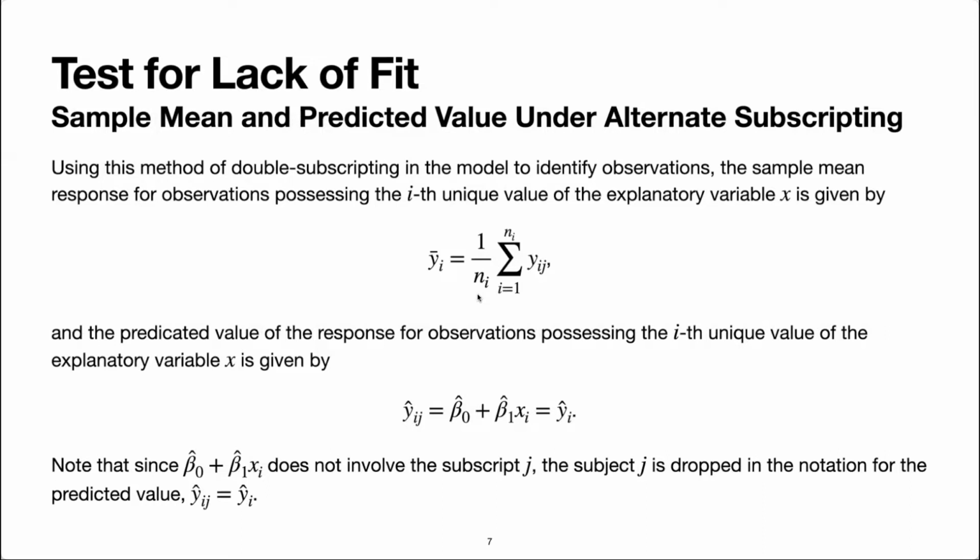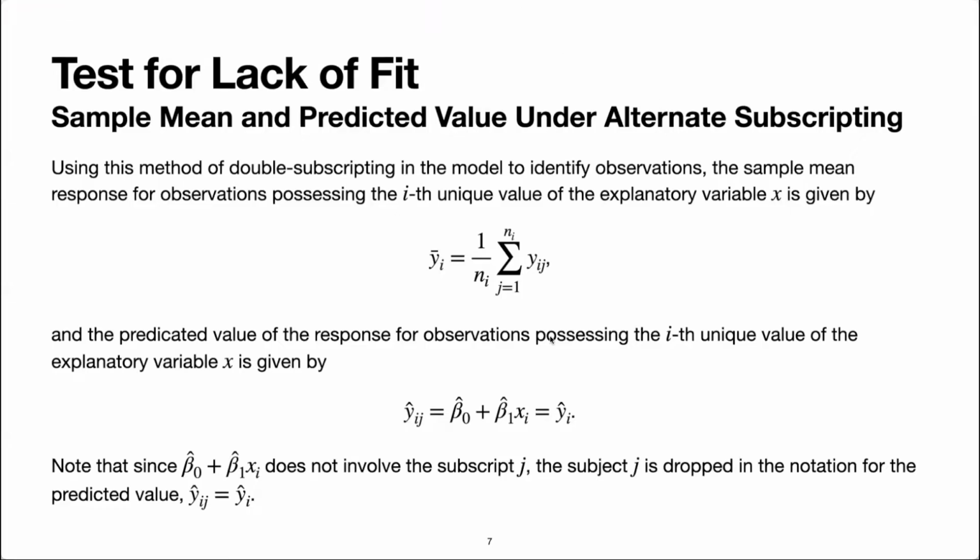That would be 1 over n sub i times the sum, i going from 1 up to n sub i. Actually, we would have a j here. All right, so I need to fix that in the note here. So there I've got that index of summation fixed.